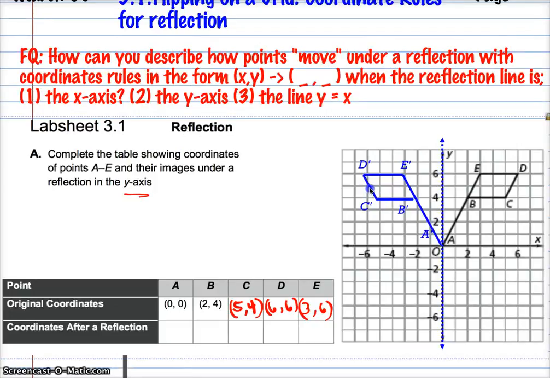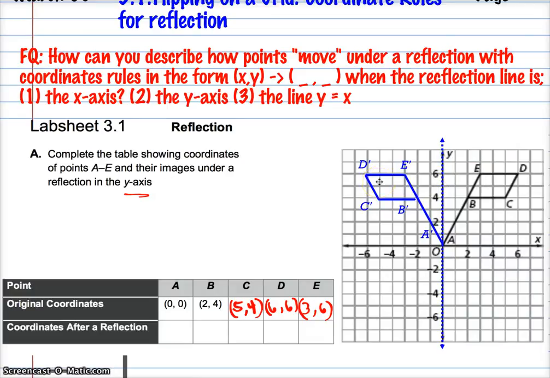So I went ahead and reflected this flag drawing across the y-axis. Across this y-axis, point B and B image are 2 spaces away. They hit at a 90-degree angle. E is 3 spaces away. D is 6 spaces away from the y-axis, just on the other side.